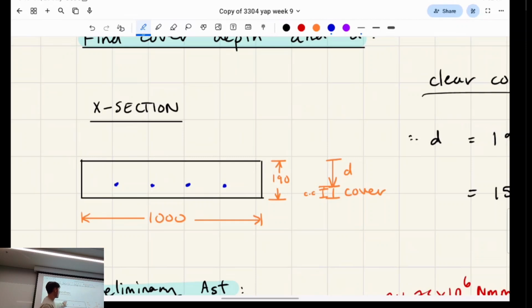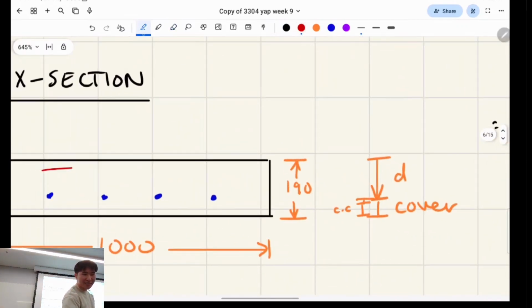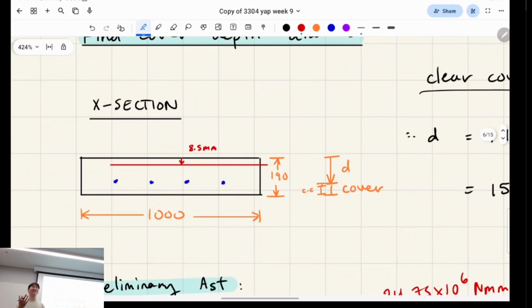So the total slab depth is 190, right? From the bottom, we have 25 plus 6. The depth to the neutral axis is here. It's only 8.5 millimeters down. So do you reckon we need compressive steel?